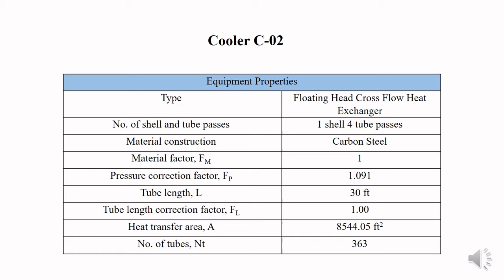This is the equipment properties for cooler C02. The type is the same as cooler C01, which is carbon steel, floating head cross-flow heat exchanger, and the difference is the heat transfer area.